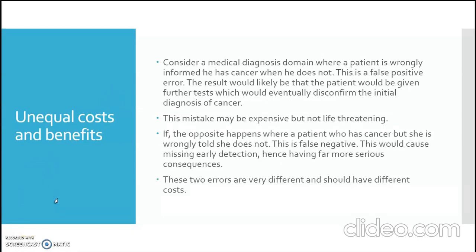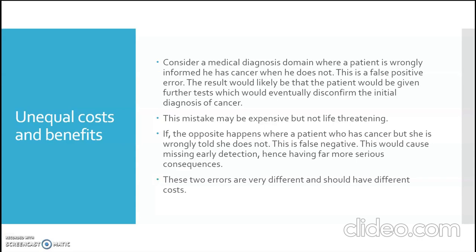Here's another example. Consider a medical diagnosis domain where a patient is wrongly informed he has cancer. This we have mentioned earlier. If it is a false positive error, the result would likely be that the patient would be given further tests which would eventually disconfirm the initial diagnosis of cancer.